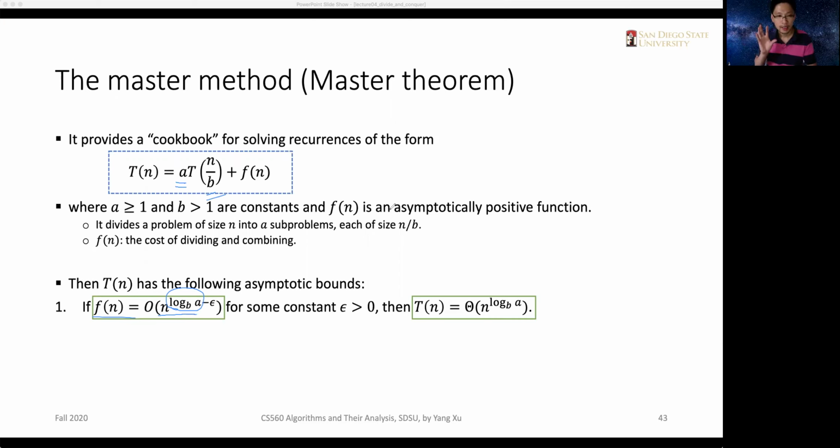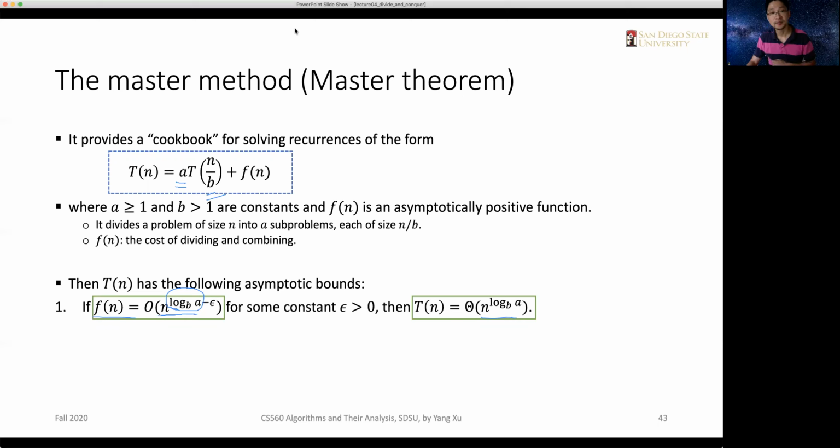The first condition says if the polynomial function is an upper bound of f(n), that is to say the polynomial function grows faster than f(n), then the solution T(n) is bounded by the polynomial function. That's the first condition.